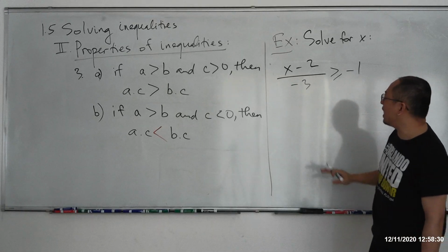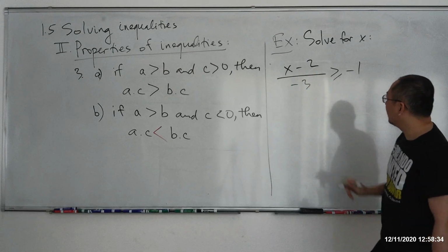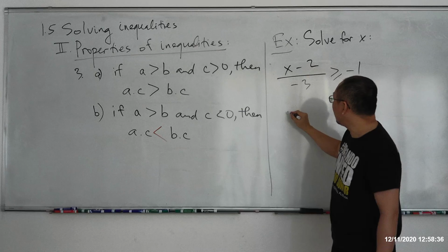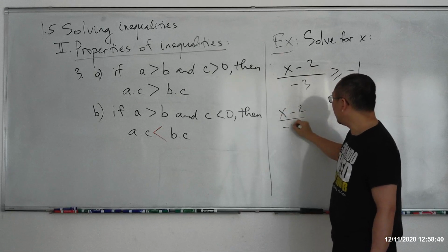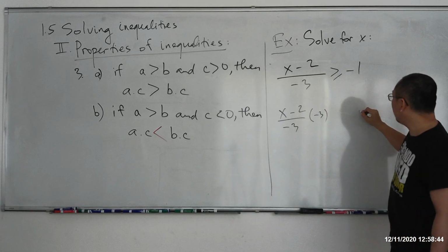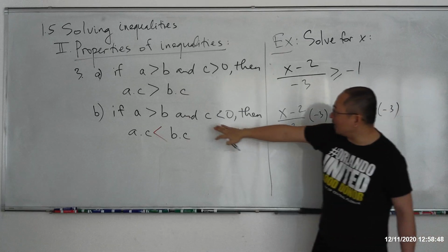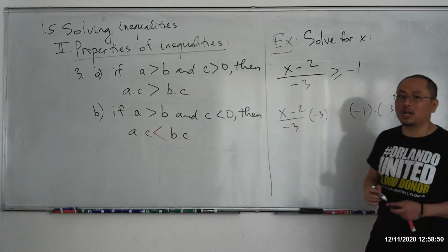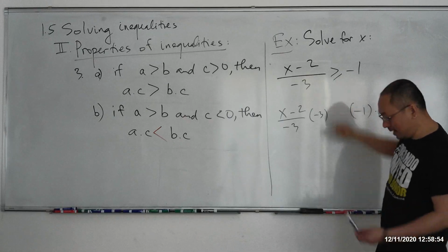And it makes sense to multiply both sides by negative 3. So if I multiply the left-hand side by negative 3, I get (x minus 2) over negative 3, and then times negative 3. And on the right-hand side, I do the same thing, negative 1 times negative 3. Now we have to apply the property right here. We multiply both sides by a negative number. What do we do? We're going to flip that inequality.